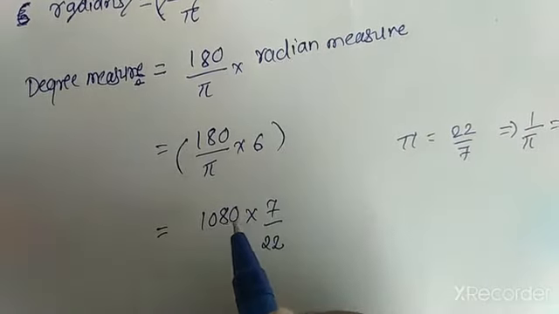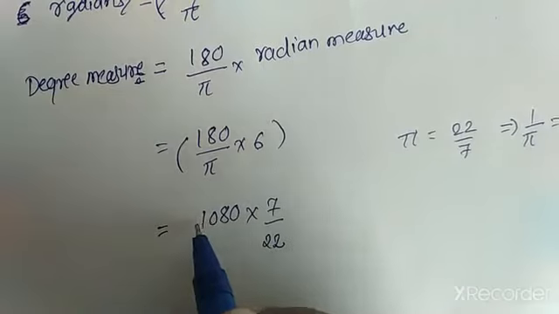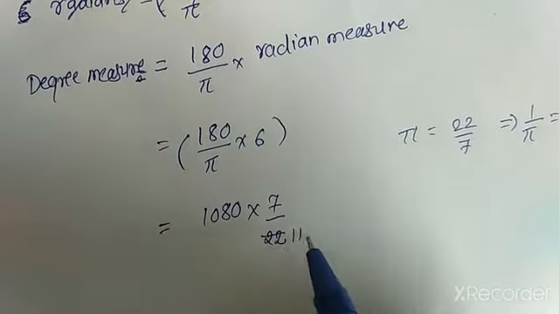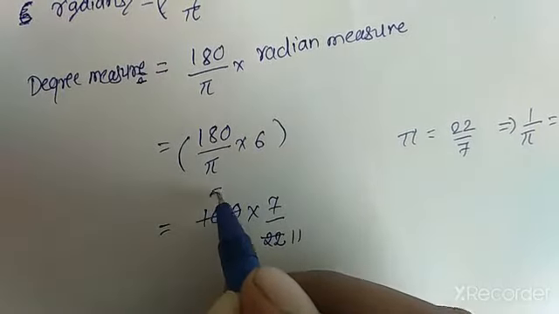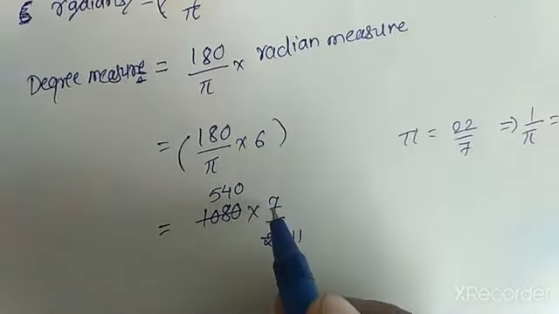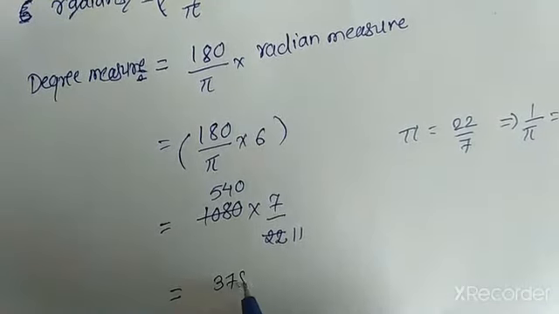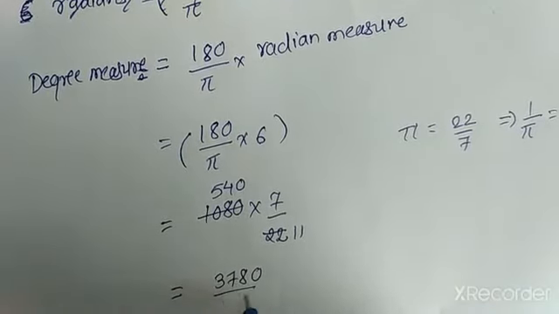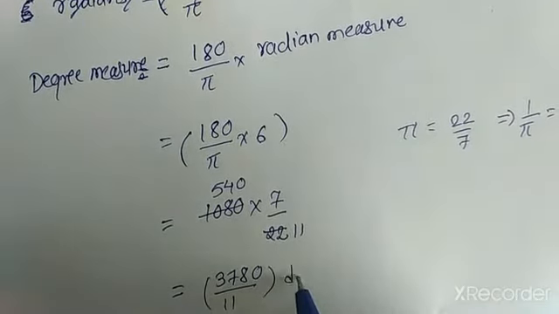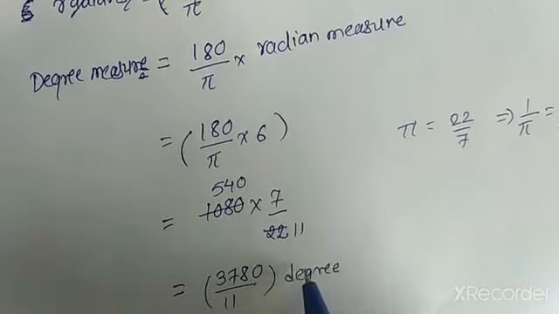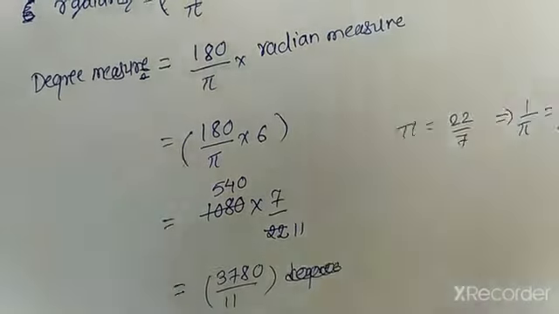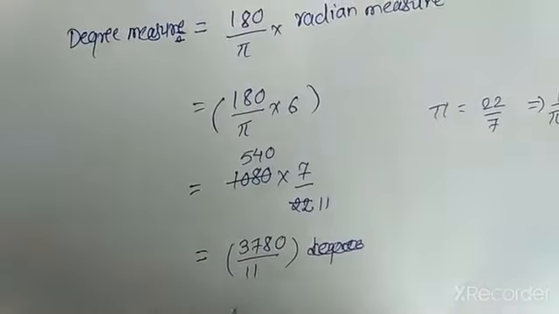If we make the total calculation, 2 elevens are 22 and it is 540. So 540 into 7 gives us 3780 divided by 11 into degree. Lastly we write the notation 3780 upon 11.